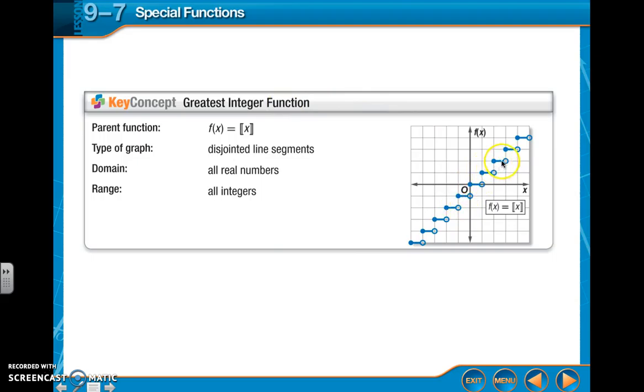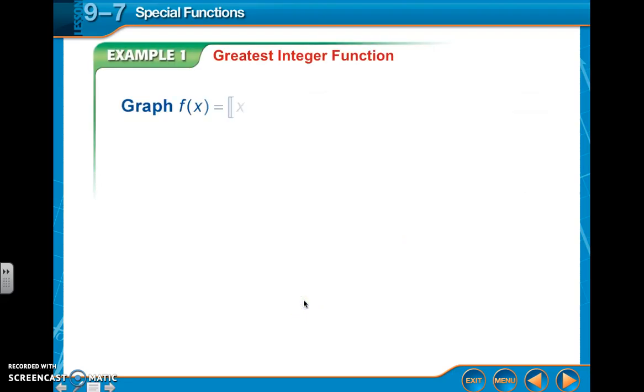Okay, because every decimal turns into a whole number or an integer, so it can be negative. Okay, the domain here is all real numbers. You can plug in anything you want for x, but in your range you only end up with integers as answers. Notice we have open circles on these steps on the right hand side, so I want you to keep that in mind as we work through this.